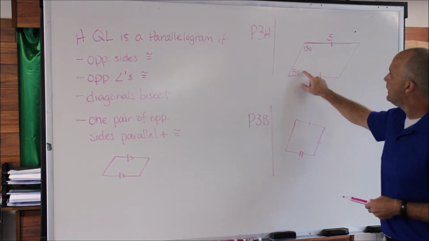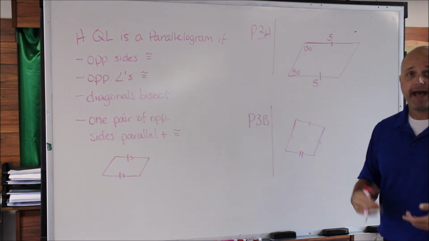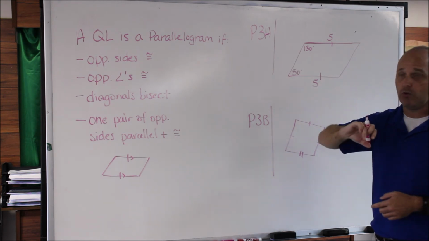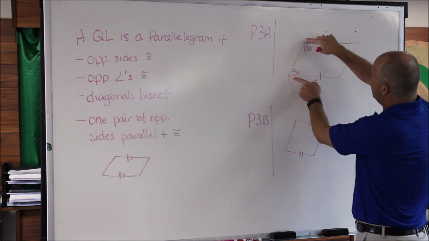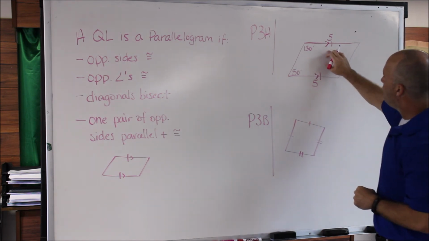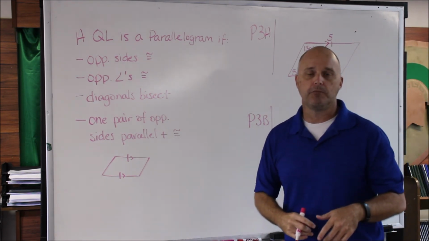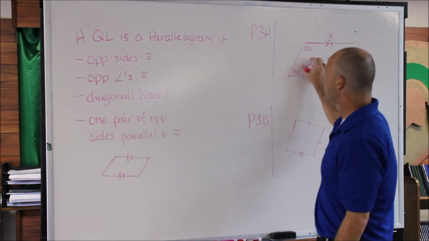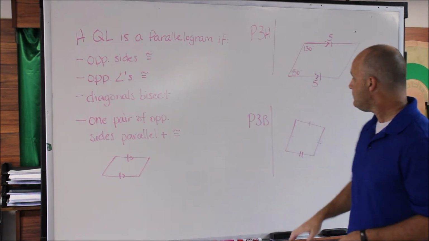Well, you can see that we've again got 50 and 130, which add to 180. So since these two angles add to 180, that means that this line and this line have to be parallel. So we have one pair of lines that are both parallel and congruent, which means that yes, this is a parallelogram.